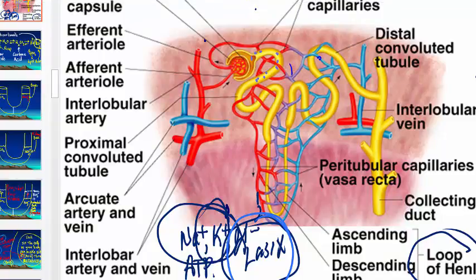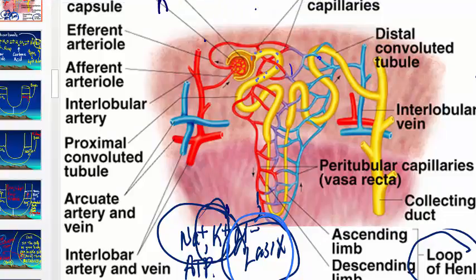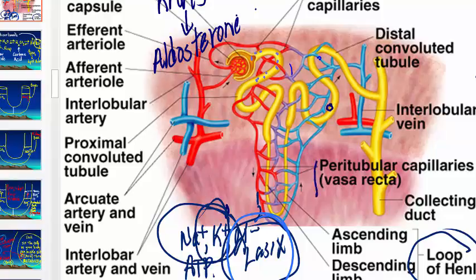the spironolactone. Now, if you remember the renin, angiotensin, aldosterone system, you will remember the fact that aldosterone is released from the adrenal cortex, and its effect is primarily on the distal convoluted tubules. And embedded in the cells that make up the distal convoluted tubules, there's a pump called the sodium-potassium pump.